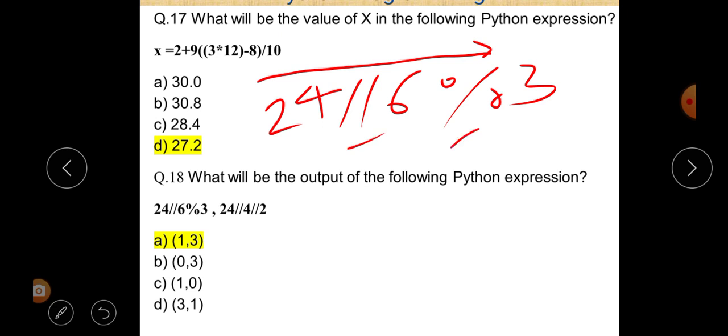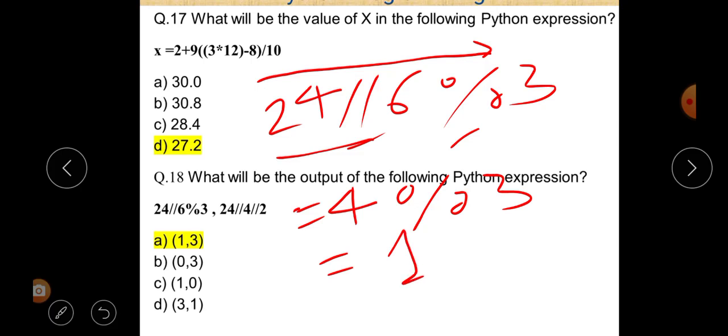So when 24 is divided by 6, the answer is 4, which is an integer value, and then 4 modulo 3, whatever we get after solving that part of the expression. As you know, 4 modulo 3 is equal to 1. So the first value should be 1.